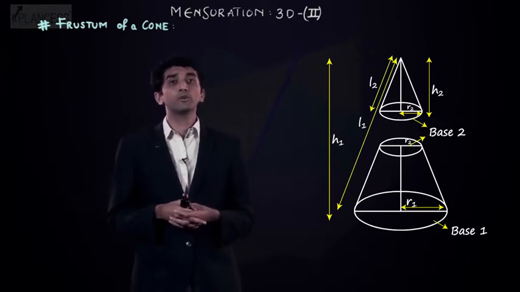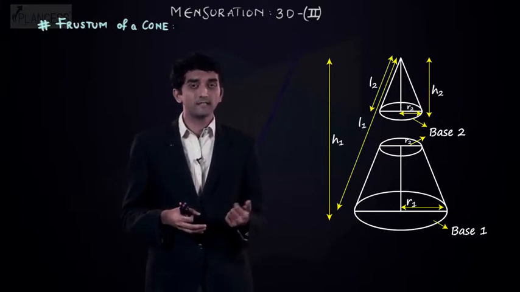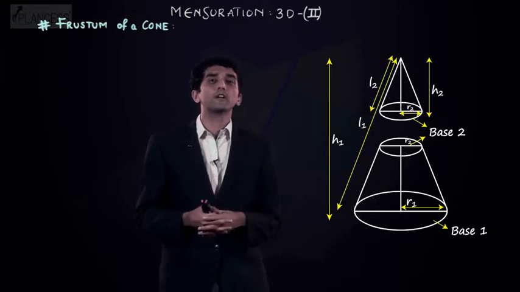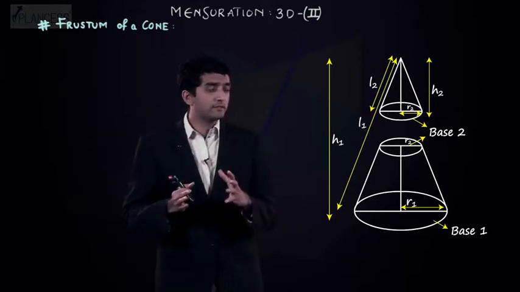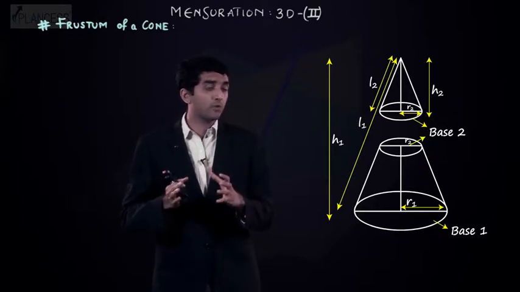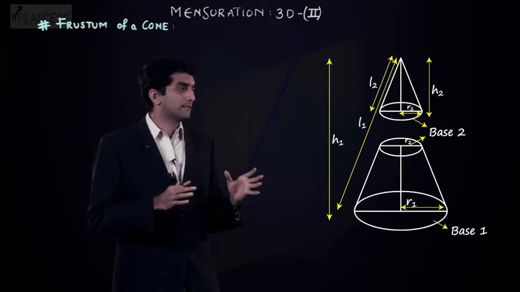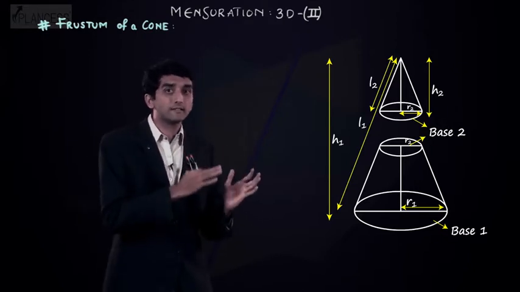But what we don't know is the formulae for the volume and surface areas of this new thing that we have generated, which is a frustum of a cone. So now, before getting to the real part, before getting how to find out the volume and the surface areas, let us see one important thing where we have to relate these 6 things.